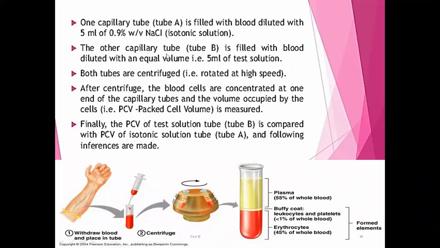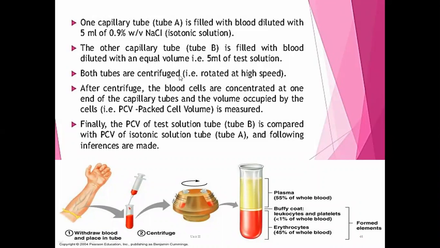And the other capillary tube, tube B, is filled with blood diluted with an equal volume, 5 ml, of test solution. See, in one tube we take blood with the isotonic solution, that is 0.9% sodium chloride solution, and in another tube we take blood with a test solution.